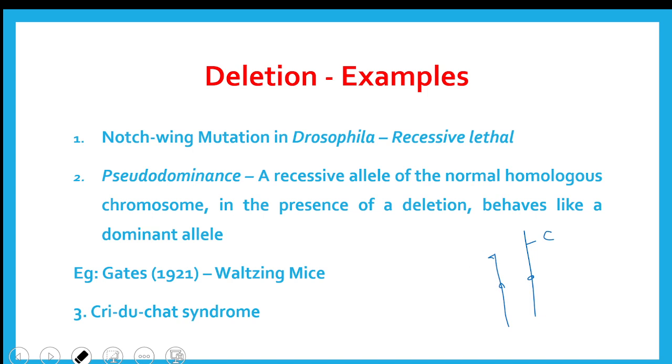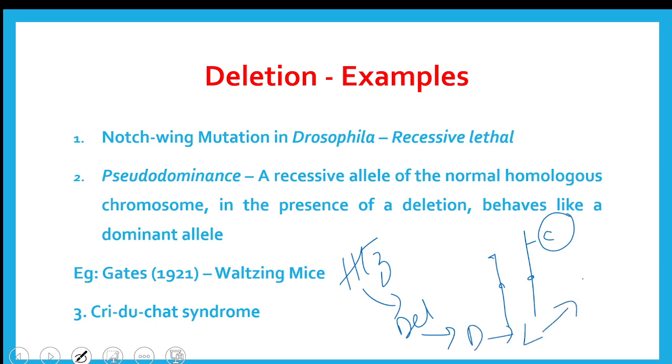That means the dominant gene is lost. What remained here? Only the recessive gene. Actually it is a heterozygote, but due to deletion, the dominant gene is lost and only the recessive gene remains. This recessive gene, in the absence of the dominant gene, leads to waltzing behavior.